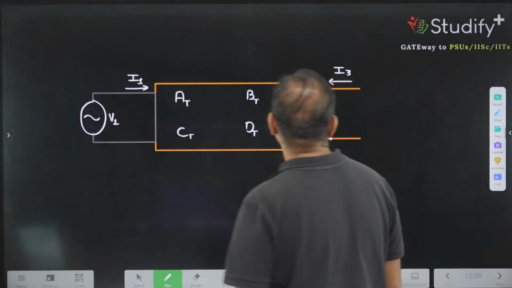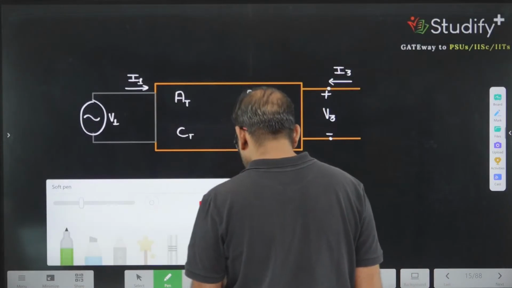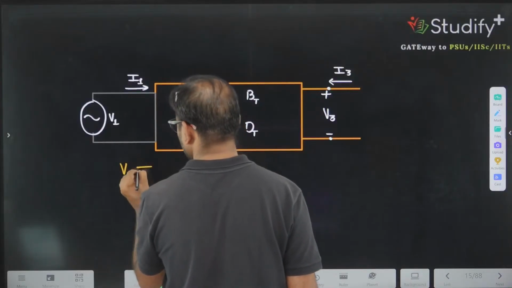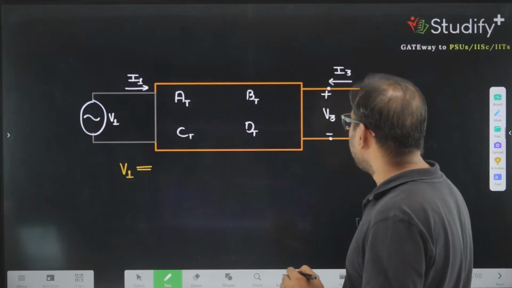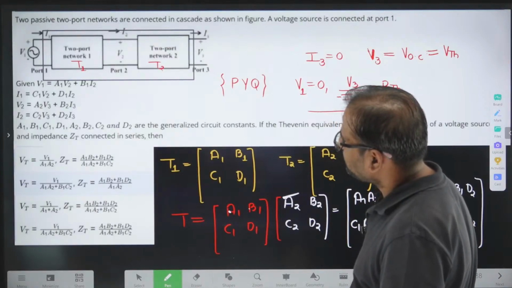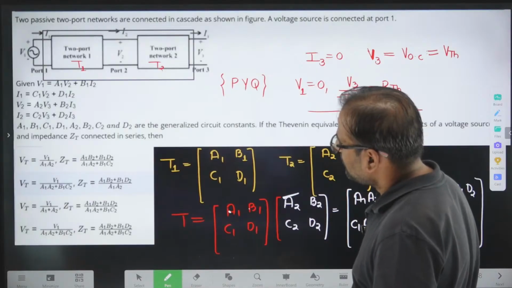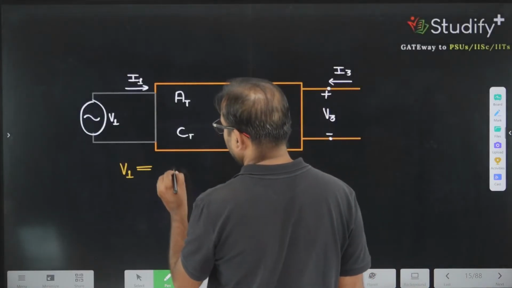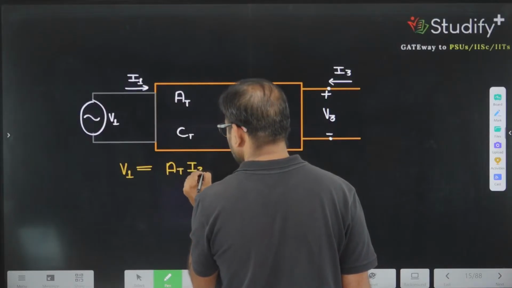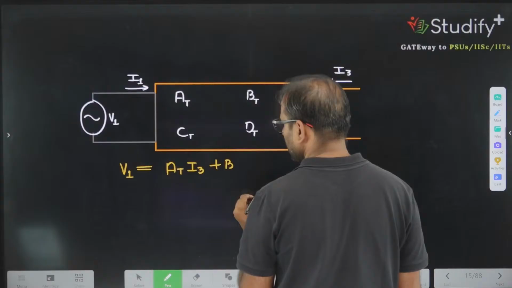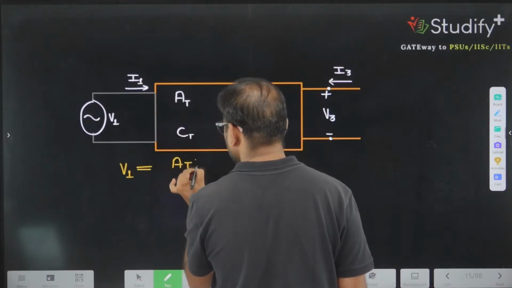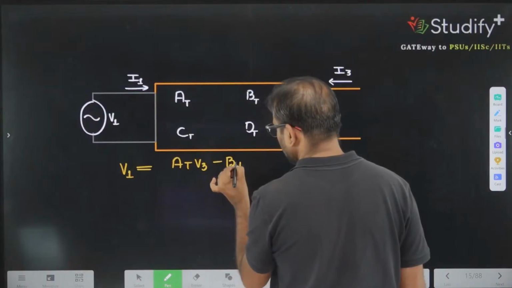Now I can write the equation. V1 is equivalent to AT into V3 minus BT into I3.